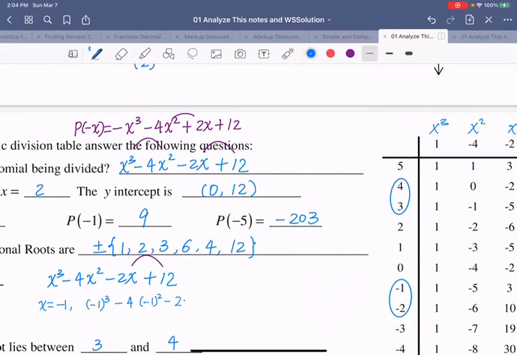Ted, go ahead, do this calculation and tell me your answer. What's the answer?